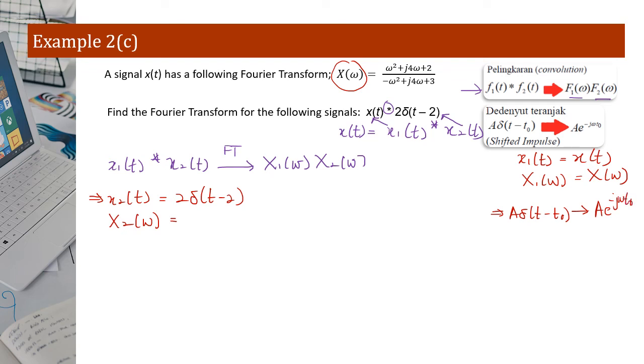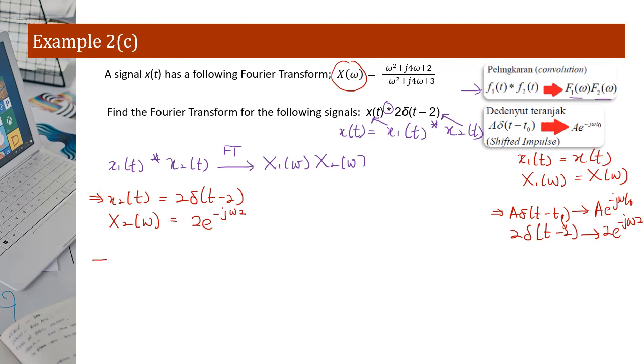So your equation 2 delta(t-2) means the capital A equals 2, and your t naught in this case is positive 2. So your X2(omega) equals 2 e to the minus j omega 2.